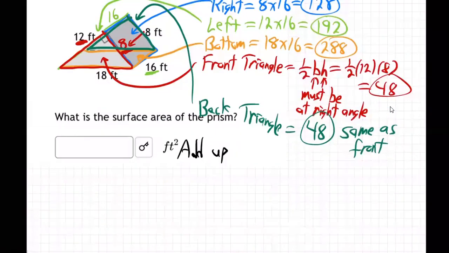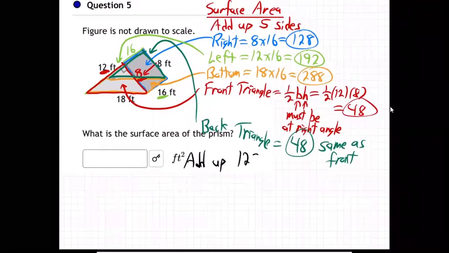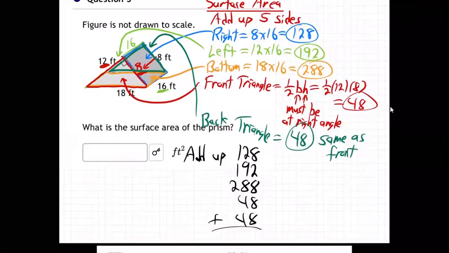Add up, you know, what was it, all those numbers. So that's going to be the 128, the 192, the 288, and the 48 twice. Add those all up on your calculator, because we're adding up all 5 sides to get the total surface area.